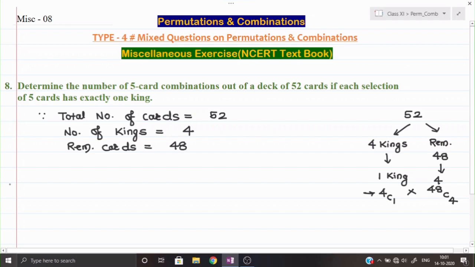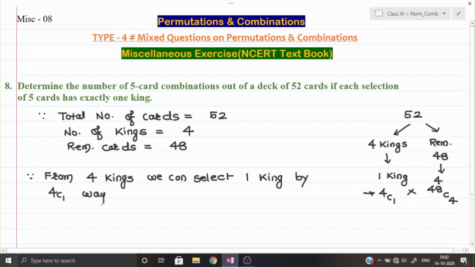So from 4 kings we can select 1 king by 4C1 ways. That is the selection of the king here.